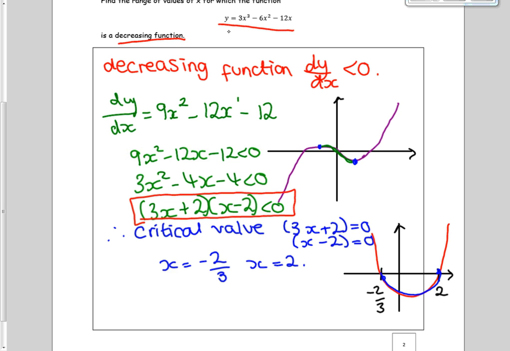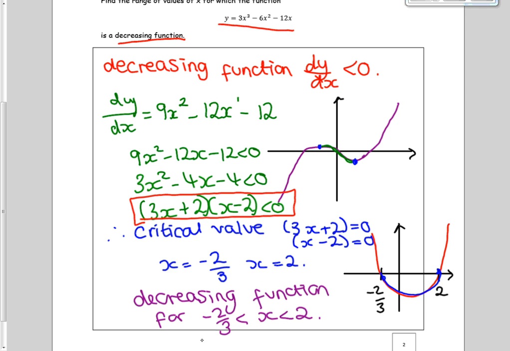So that means that our function is decreasing for the values of x greater than minus 2 over 3 and less than 2. So we have found the range of values of x where the function is a decreasing function.